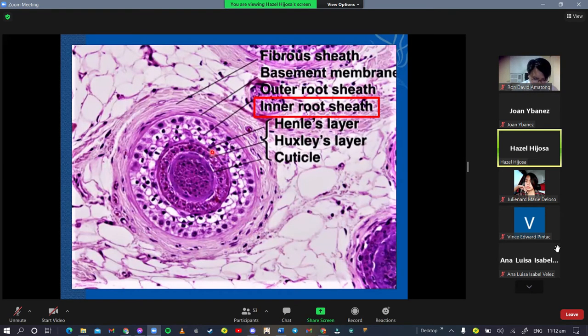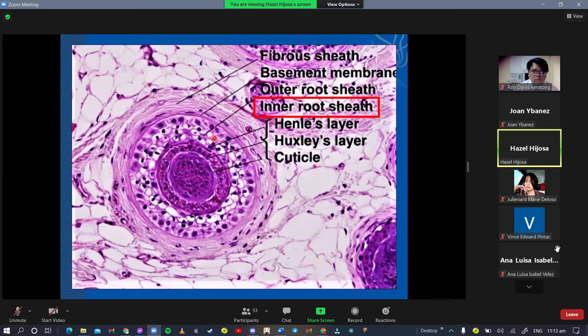These cells here are in close contact with the cells of the external root sheath, which is also part of the epidermal root sheath. The external or outer root sheath is made up of unspecialized epidermal cells. It is made up of a single layer of cells in the deeper portion, but then it becomes stratified towards the surface.